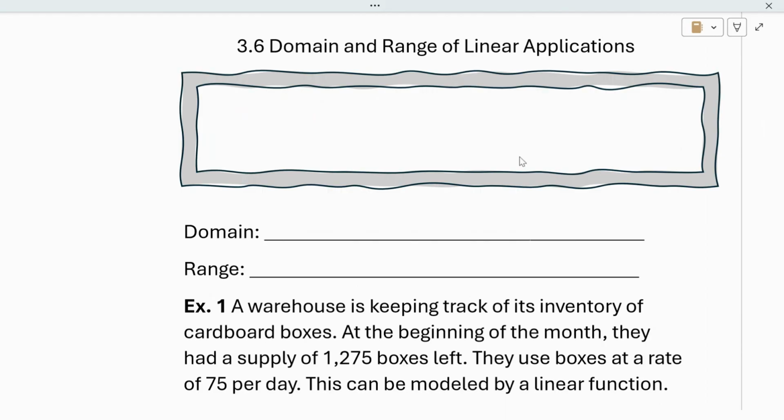Nobody has their I can statements? I know I passed them out to all of you guys. Yes, I did. Go look.